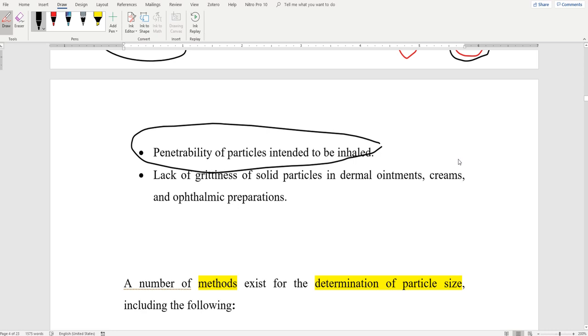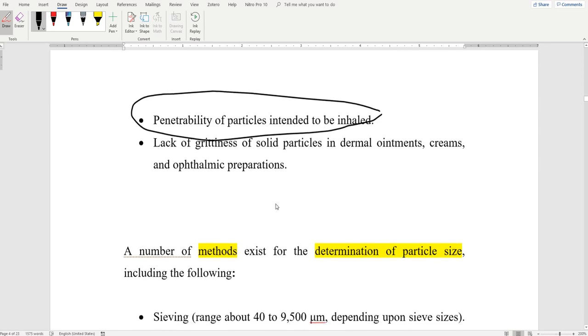Of course, when I did my PhD in the UK, it was my objective in the research there to reduce the particle size to the optimum size, number one. Number two, to increase the amount of particles that can reach the alveolar region of the lung. Okay, so size is also important in this case.